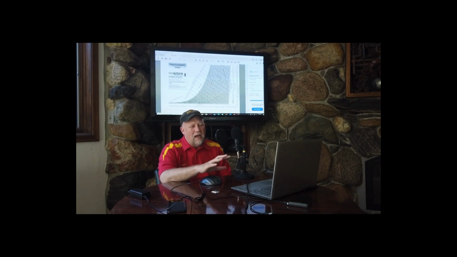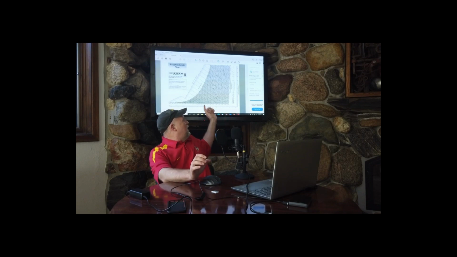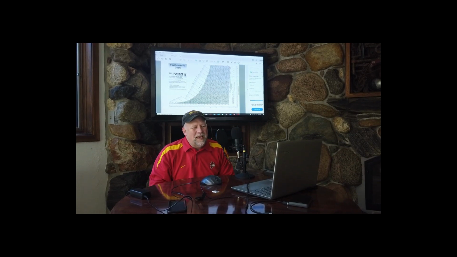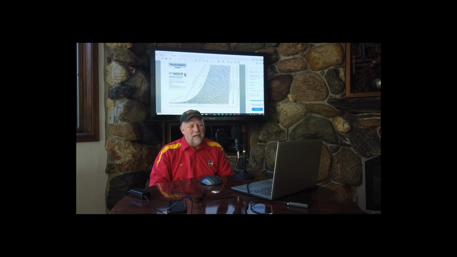There's others out there. The reason I like this one is that the temperature along the bottom goes a lot longer range than some of the others. This will be easiest to read if you print it on 11 by 17 paper, and it also makes doing your homework easier.